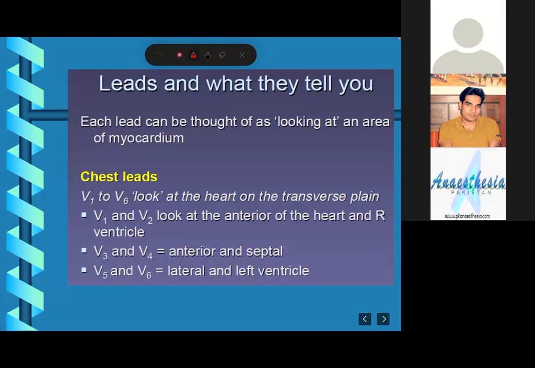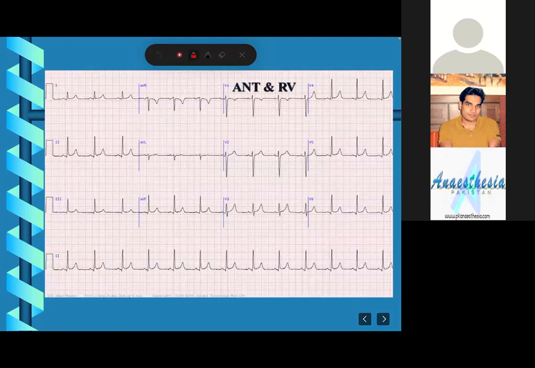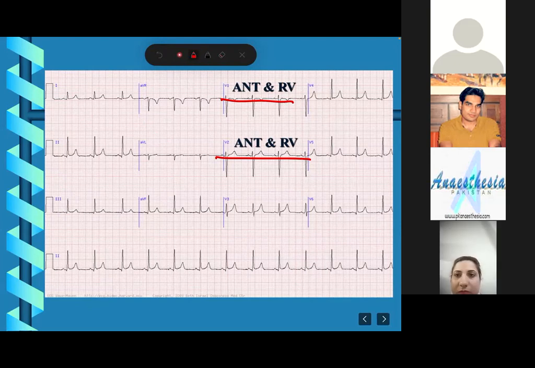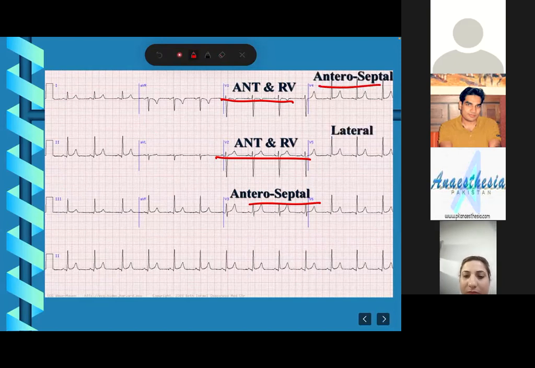When discussing the chest leads, V1 to V6: V1 and V2 are the anterior leads. These are the anterior leads and also show the changes of the right ventricle. Then come the anteroseptal leads V3 and V4, and V4, V5, V6 are the lateral leads.